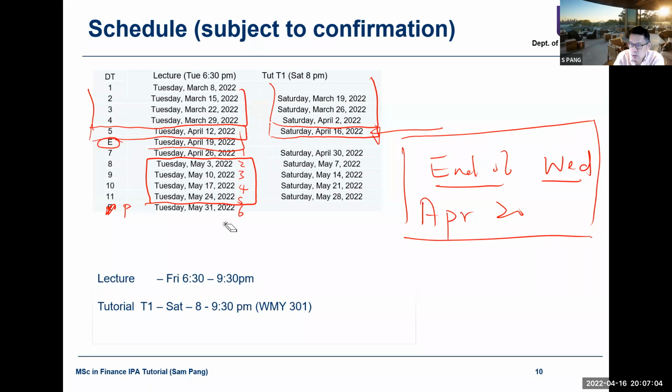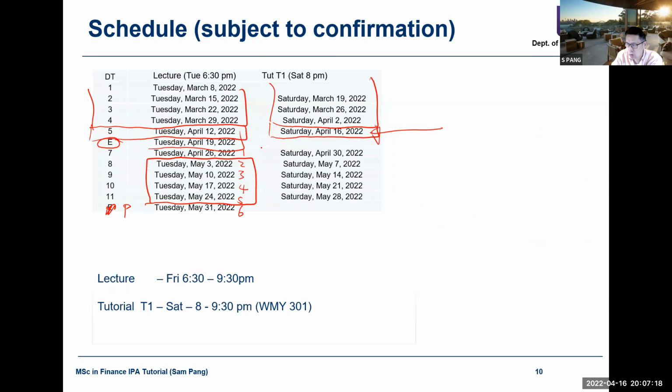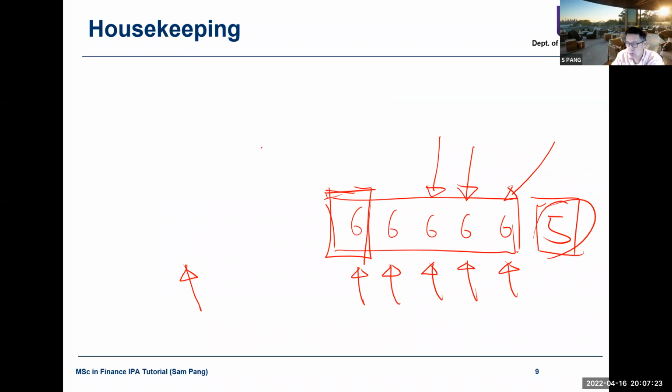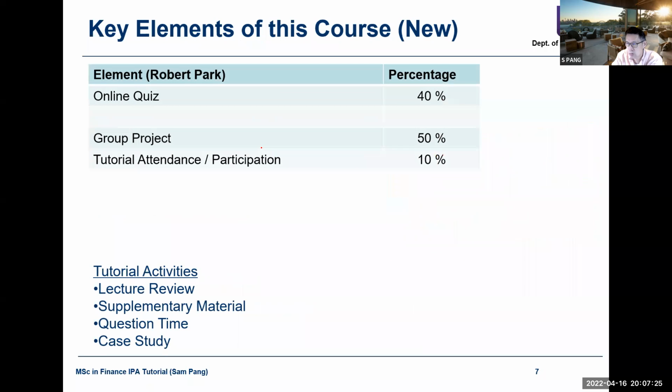Robert will take over from April 26th. I've never worked with him before, so it will be interesting. For Robert, as far as I know, there is no exam. Once you've done your midterm for Xinming, that's it.